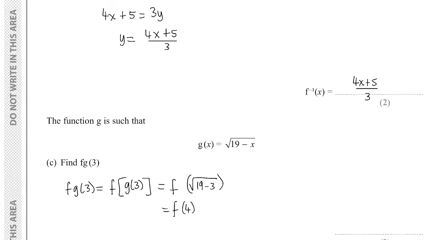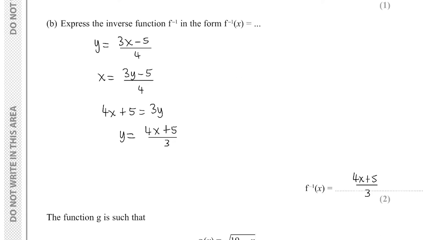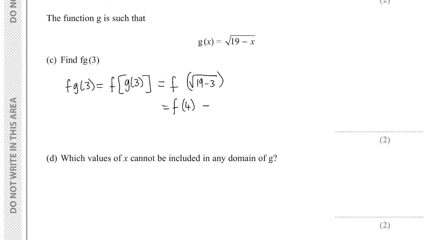And then I will input 4 into f, so it's going to be (3 times 4 minus 5) over 4, which is 7 over 4. So with composite functions, we first start from the heart of the problem, working our way outwards.